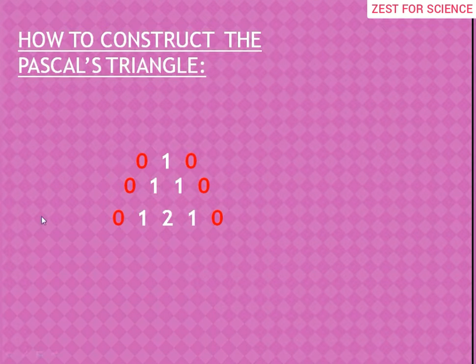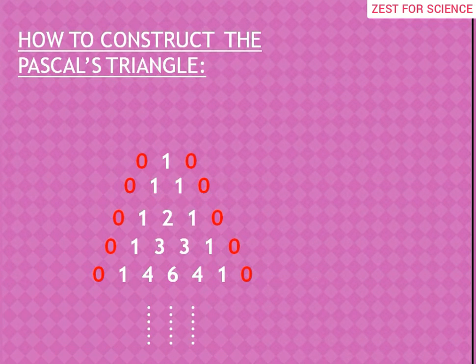Now add 1 and 1, which is 2, and place it in between underneath, and again add 1 and this 0, which is 1, and place it in between underneath. And with the help of these imaginary zeros in each row, we can construct the Pascal triangle further.